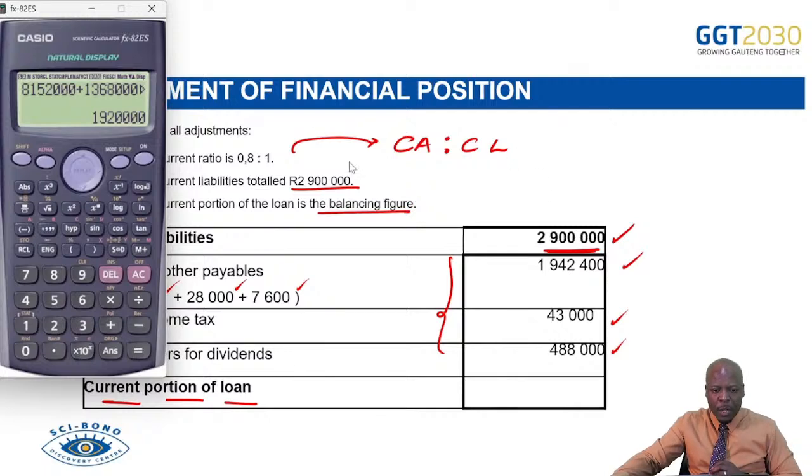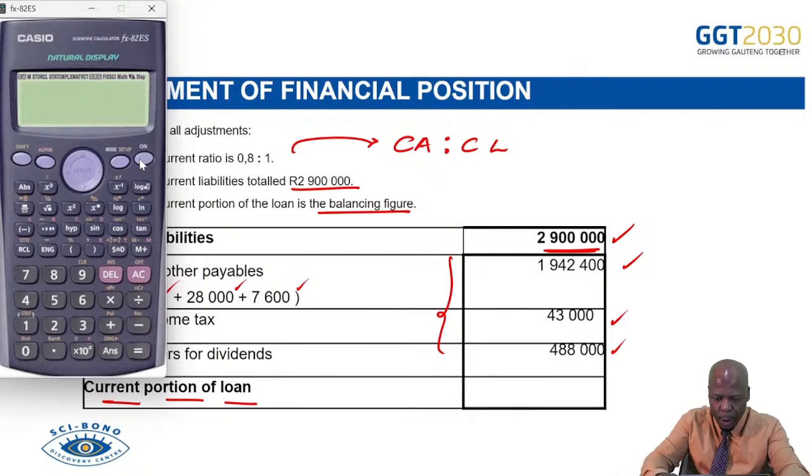Okay, for me to get the current portion of loan, I will now come and say, my 2.9 million, you see, that is the top part. Then I will now say minus my 1,942,400.